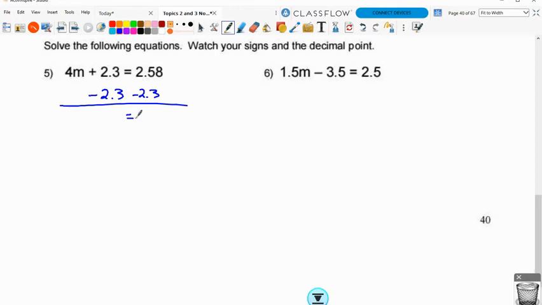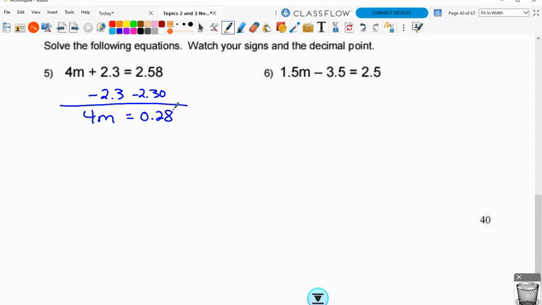On the left-hand side, 2 3/10 minus 2 3/10 is 0, leaving us with 4m. And on the right-hand side, if you do 2 58/100 minus 2, and I can make that 2 30/100, that's going to leave me with just 28/100. So 4m equals 28/100. Now I want the value of just 1m.